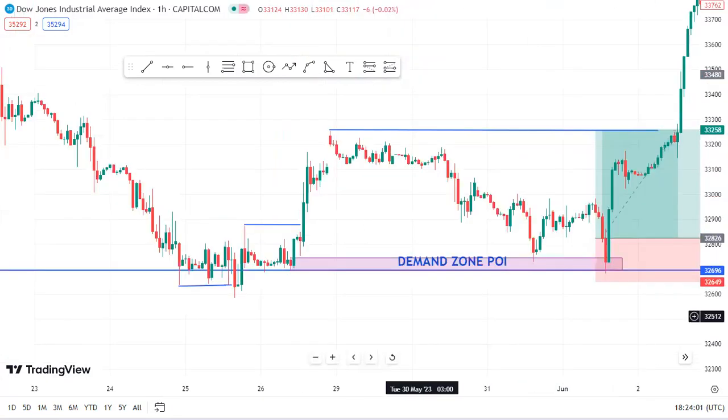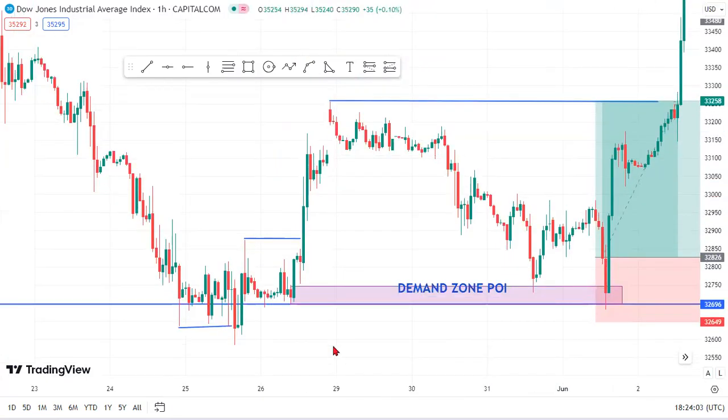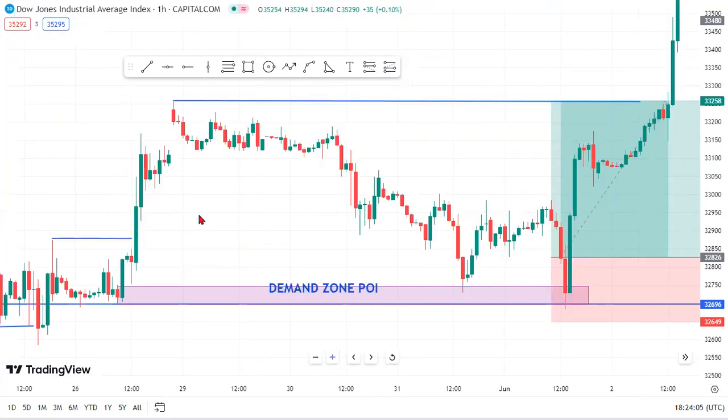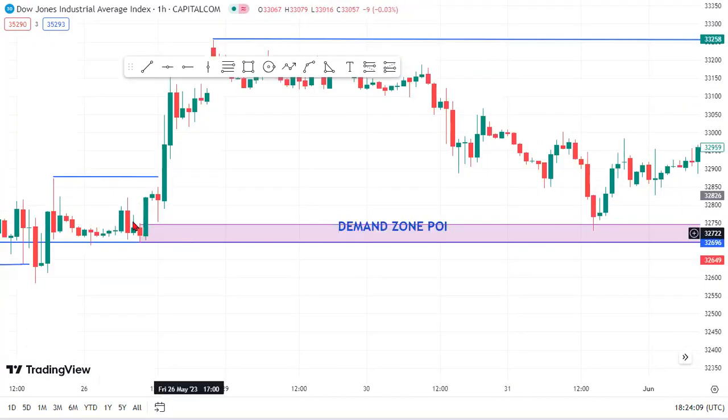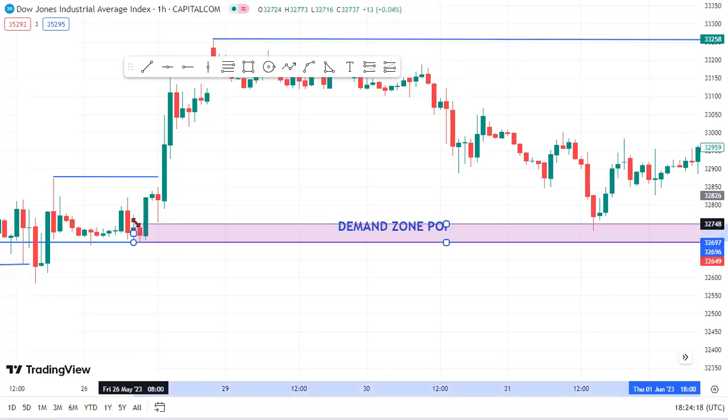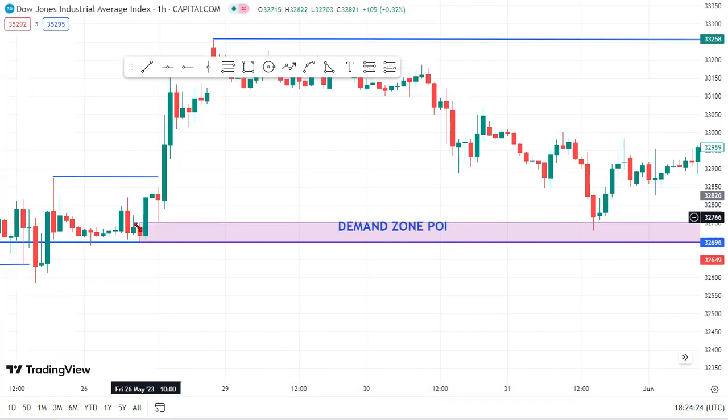Let me show you something. When we have a bullish movement, when you're drawing your demand zone, you're looking for the last bearish candle before the market became bullish. So this is the last bearish candle you had before the market gave you a bullish engulfing candle.